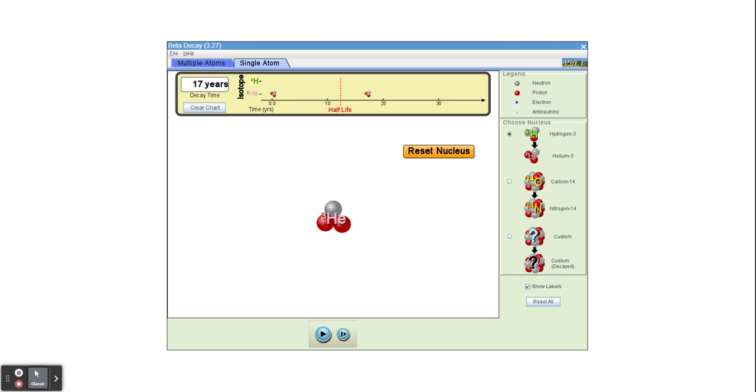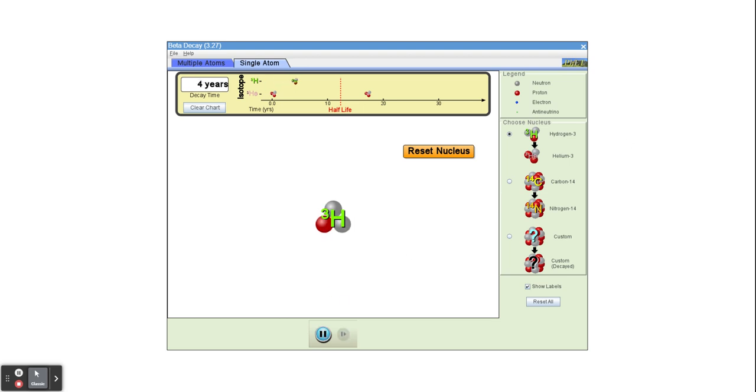This particular isotope had a mass number of 3 because it had 2 neutrons. Most hydrogen atoms don't have any neutrons. This one did. So that's what it looked like.